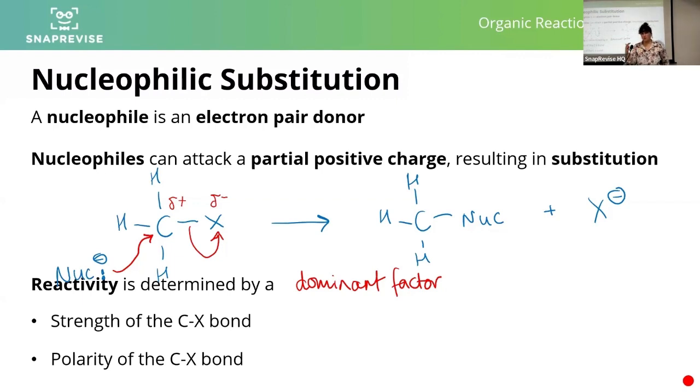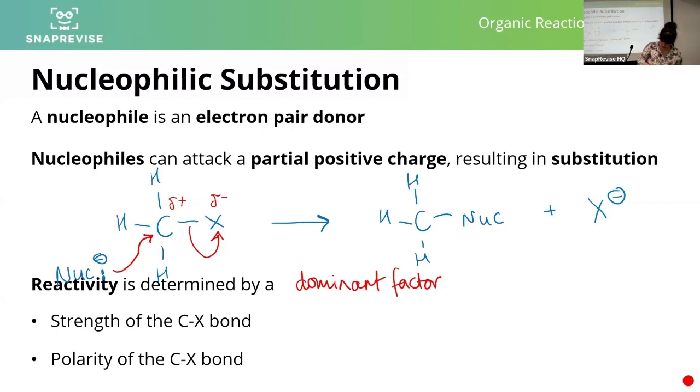The more polar a bond is, the more reactive it's likely to be, usually. That's why halogenoalkanes are more reactive than alkanes, for example, because alkanes don't have polar bonds, halogenoalkanes do. But also the strength of the carbon-halogen bond is going to have an impact as well. The stronger a carbon-halogen bond is, the more energy is required to break, and therefore the less reactive it is.